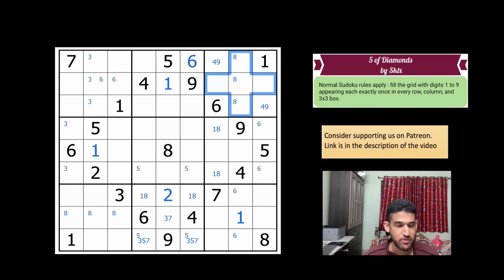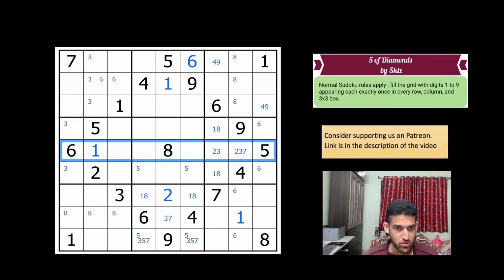Right, continuing on, these 2 cells cannot take 1, 8, 4, 5, 6 and 9. So they have to be 2, 3 and 7. This is not a 7. 2 and 3, 2, 3 and 7. Right. So if you look at row 5 now and ask yourself where does 4, 9 go in that row, there are exactly 2 cells for 4, 9. This cell cannot take a 4 and a 9.